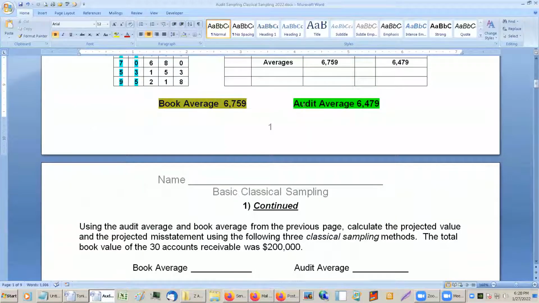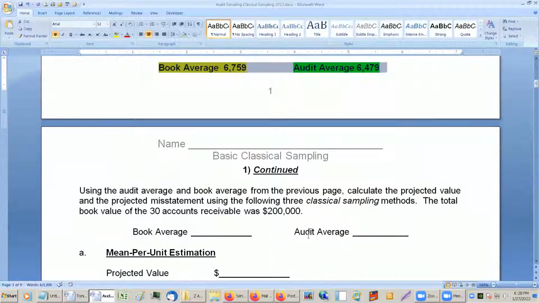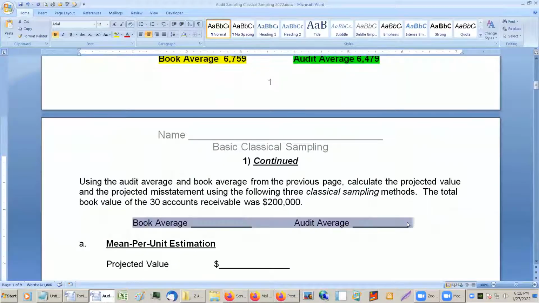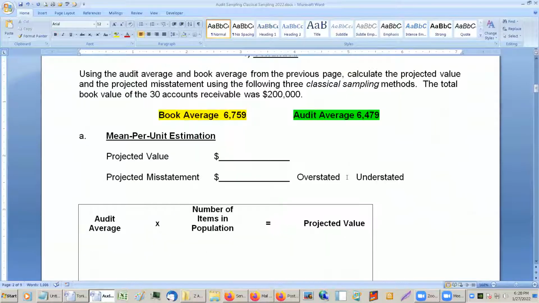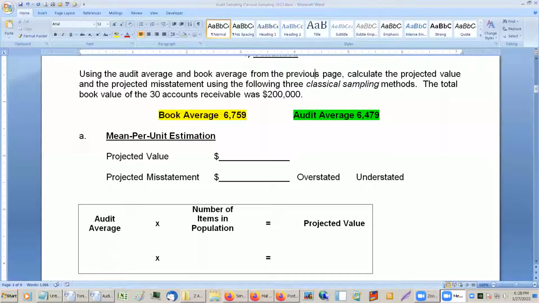I'm going to copy this down here. Okay, so once we get the averages, we did our testing, we got the average of each of the audit and the book, and now we're going to take that and project it over the entire population. The entire population is this 200,000.